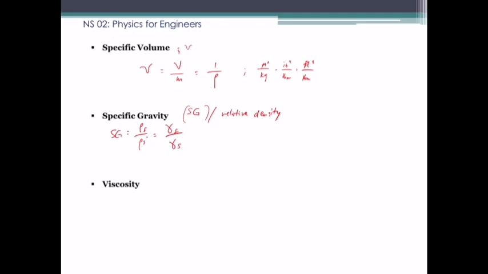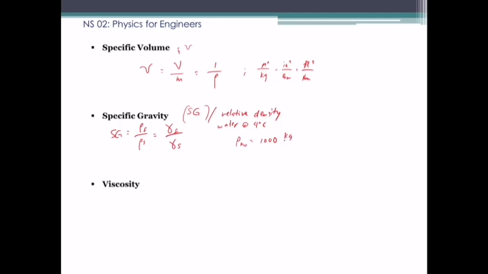As I have said, for the standard substance we will use water. The standard density of water at 4 degrees Celsius, or for fluids at 15.6 degrees Celsius, is 1,000 kilogram per cubic meter.